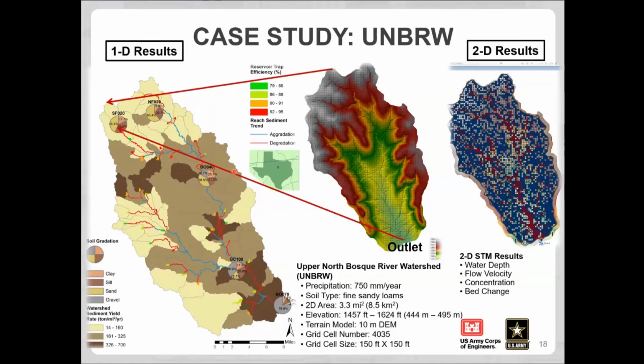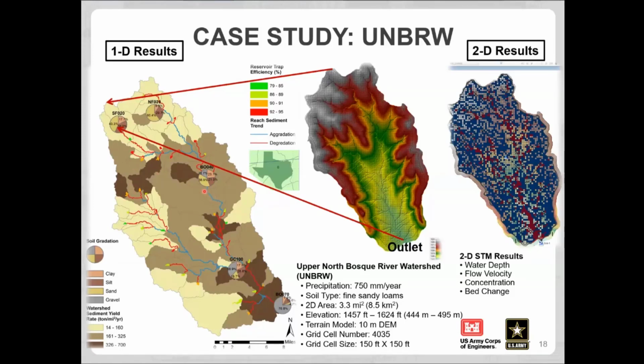As you can see here, we can provide pretty detailed sediment yield from each sub-basin with a different rate, and we can provide gradation information at the outlet. Also, we can provide the sediment deposition and erosion through the channel area.